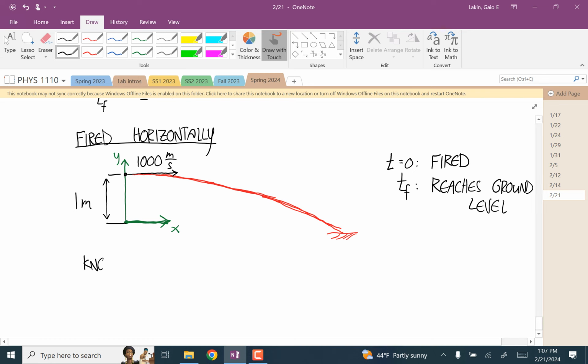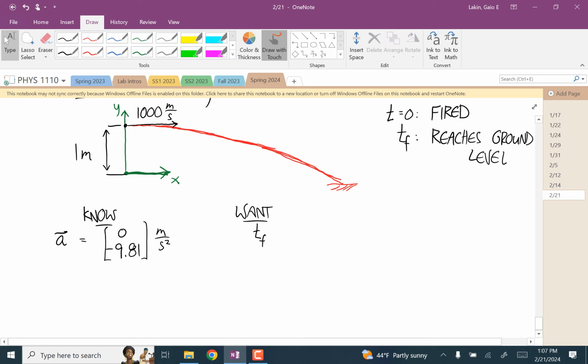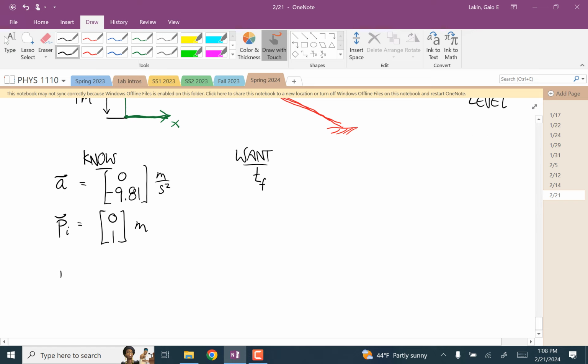And now we'll think about what we know and what we want. Okay, so we're looking for time final. The acceleration is 0, negative 9.81. The initial position is 0, 1. The final position, we only know the y final position component, but that's going to be equal to 0.